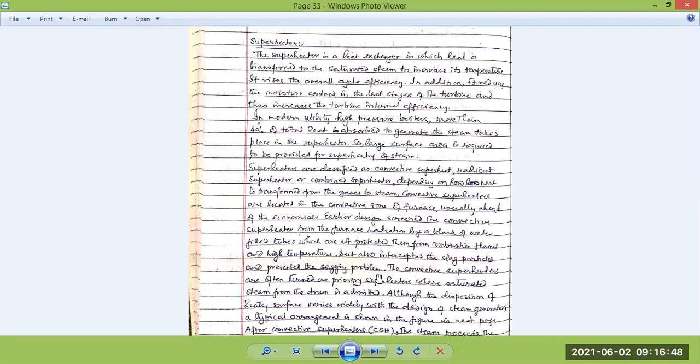These absorb the heat from the flames of the furnace, and we avoid convection to a great extent by keeping the superheater away from the flames of the furnace itself.